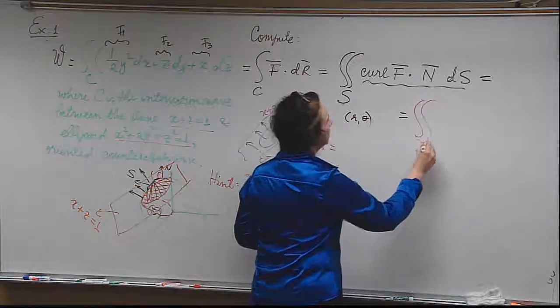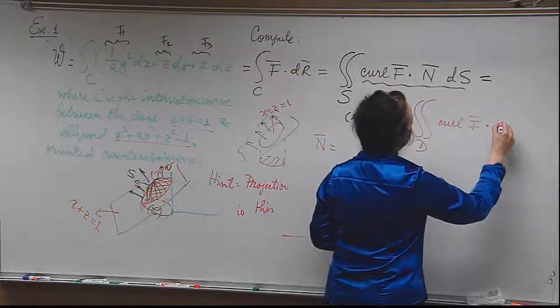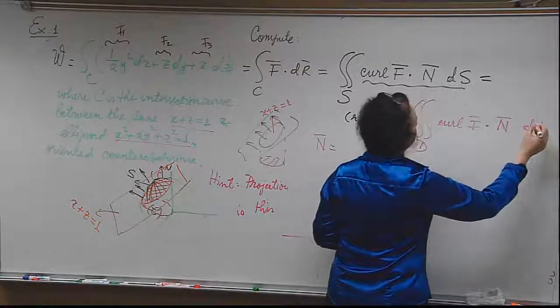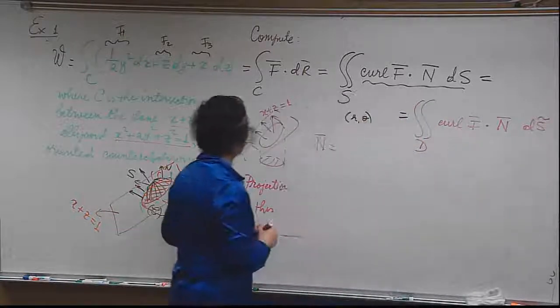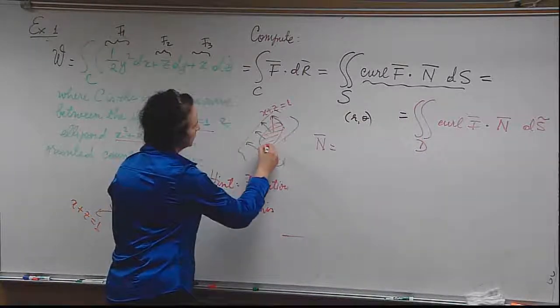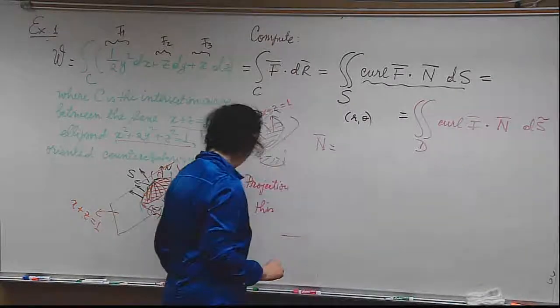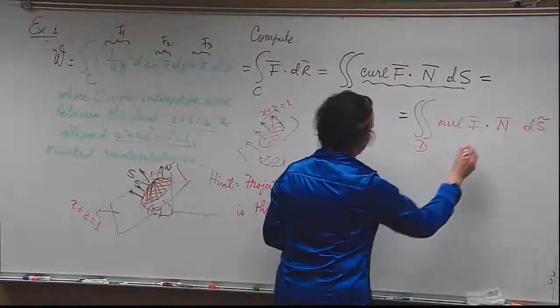For the double integral of curl F times not k but n, I have another dS tilde. So for this kind of surface I have another dS tilde. Okay? Alright. So who's going to tell me who n is?